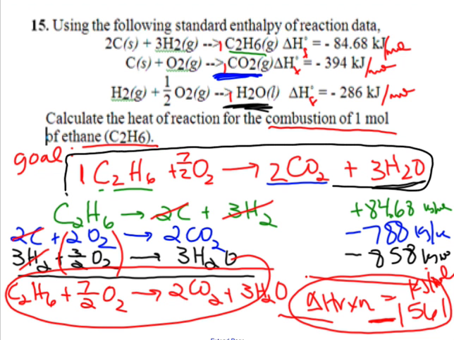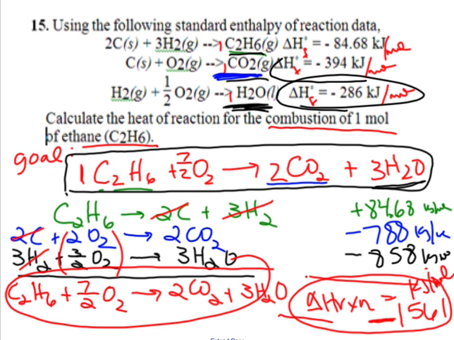Notice all of these were heats of formation, right? So all of these numbers are the ones you find on the chart. So we don't need to use the chart, but we're going to do Big Mama using this goal equation and those values. And hopefully we'll get the same answer.